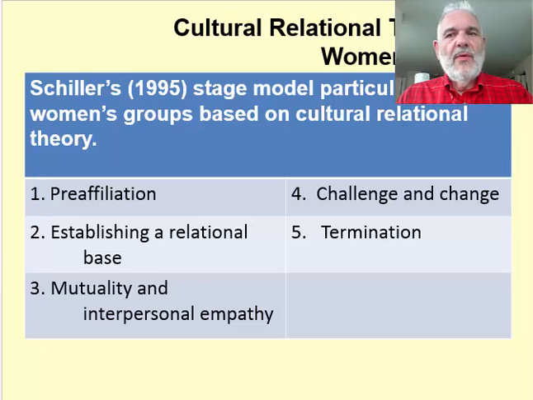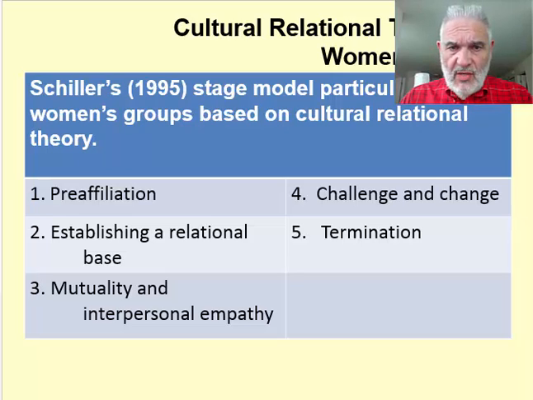Schiller developed a group model for women's groups, which I think can apply to other groups as well. She observed that, unlike the other group theories, women tended not to have the tug of war that goes on in stage 2 in the development of many groups. After the pre-affiliation stage, women attempted to establish some relational base.